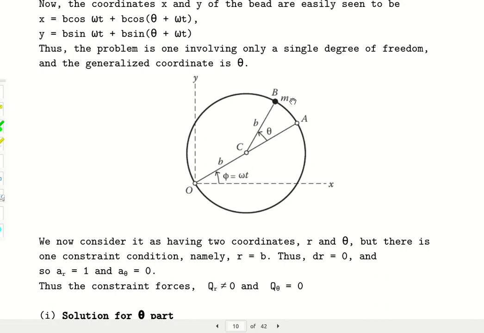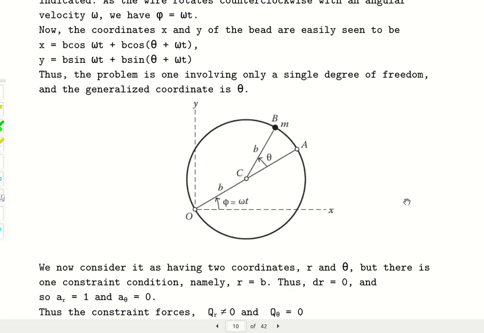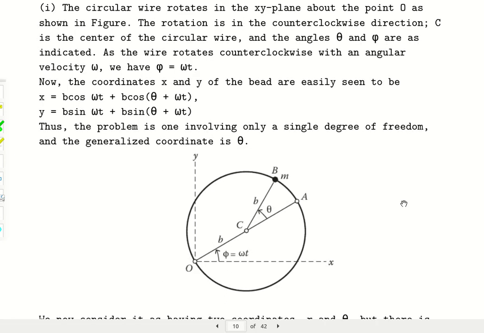So the motion of the particle is in 2D, x and y coordinates are there. First of all, you should write the x and y coordinates of the particle. It can be done very easily: OA is a diameter of the wire.